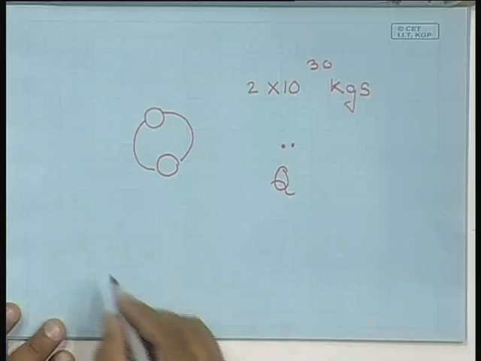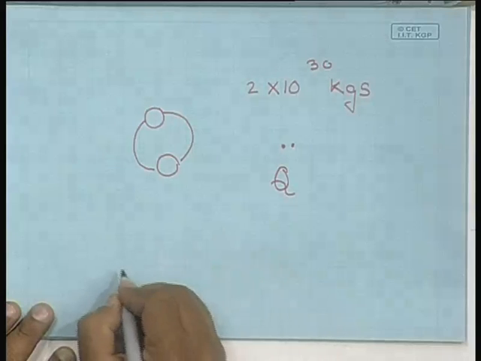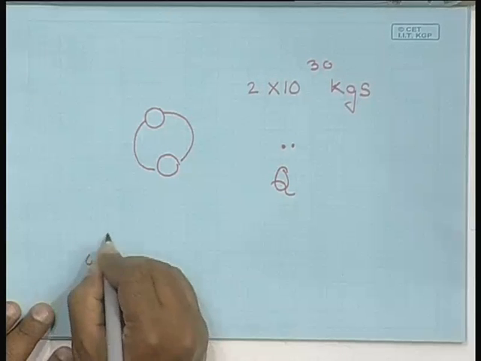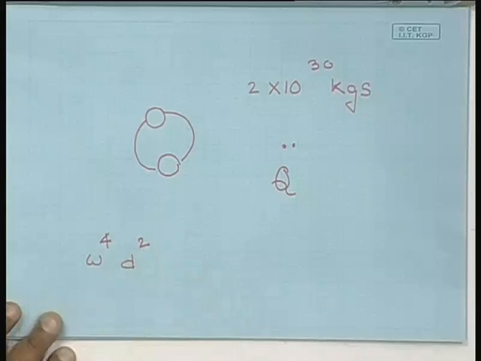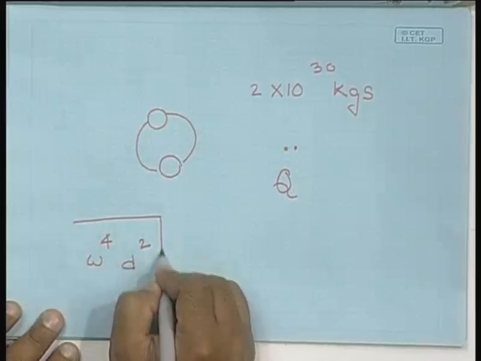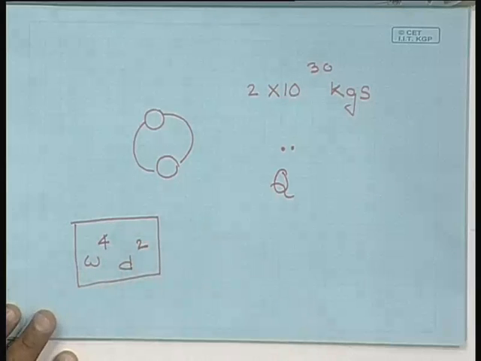We had seen for the dipole radiation in electromagnetism that the intensity of the radiation, the total power emitted, goes as omega to the power 4 into the amplitude of the dipole moment square. So, you will have something very similar over here for gravitational radiation.